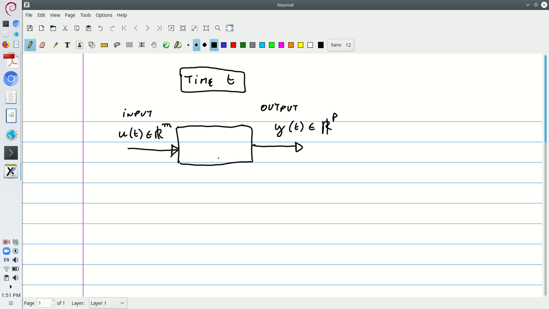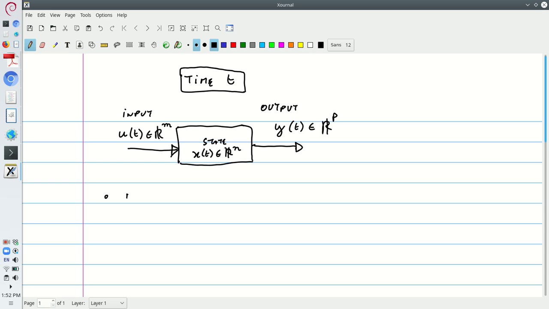Now, what happens inside the system? In the system, there is something that is called state, and the state is going to be represented by x of t, and we are going to assume that the state has dimension n.